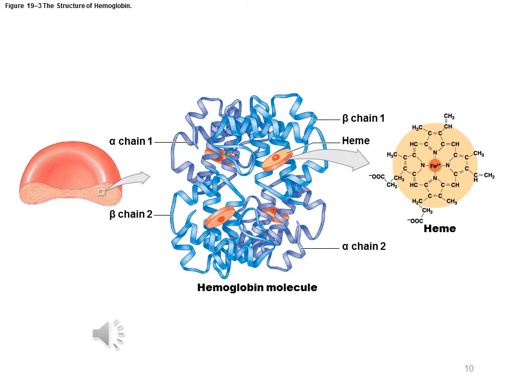So it gives it the ability to carry that oxygen to different parts of the body. If that iron is holding onto an oxygen, it's called oxyhemoglobin. If it lets go of that oxygen, it is called deoxyhemoglobin. If you look at the functions of hemoglobin, of course we think to carry oxygen, but it can also carry carbon dioxide.